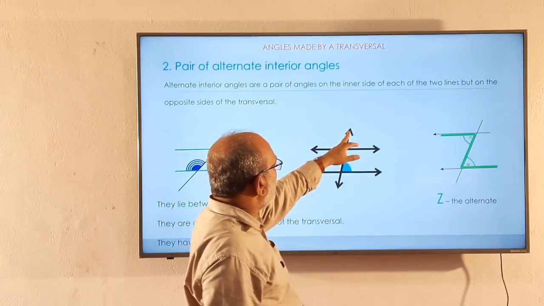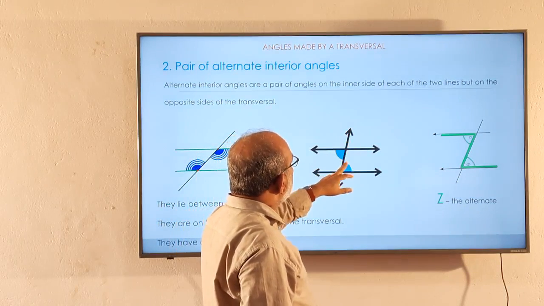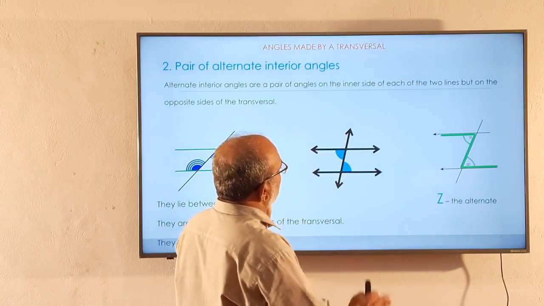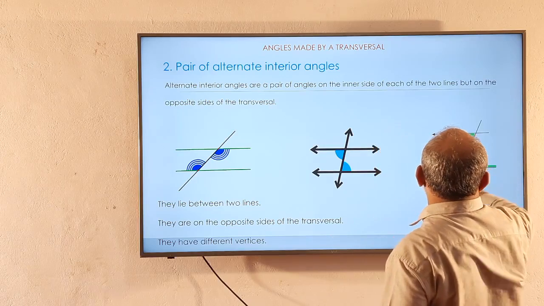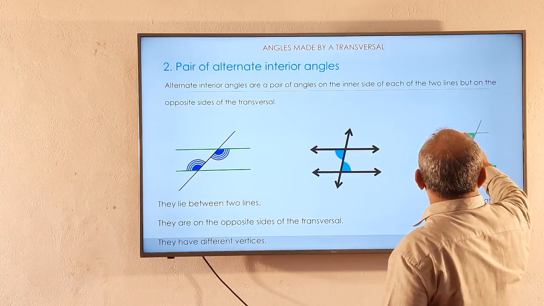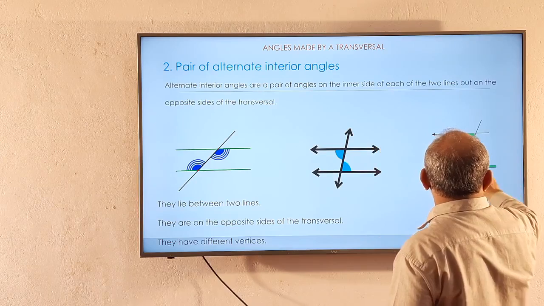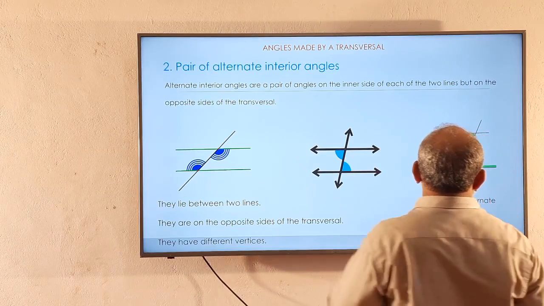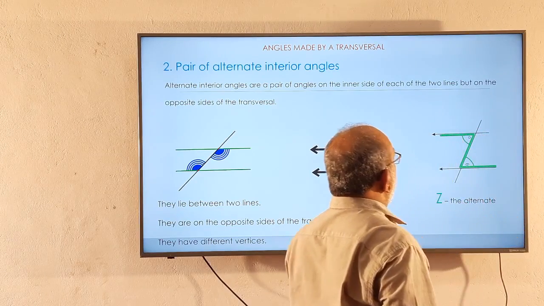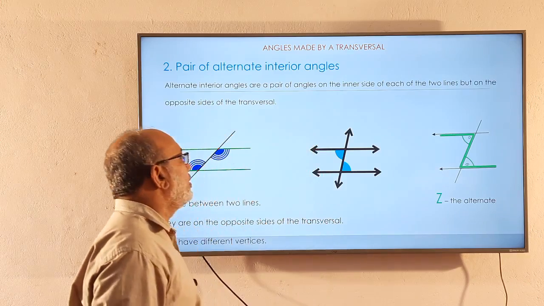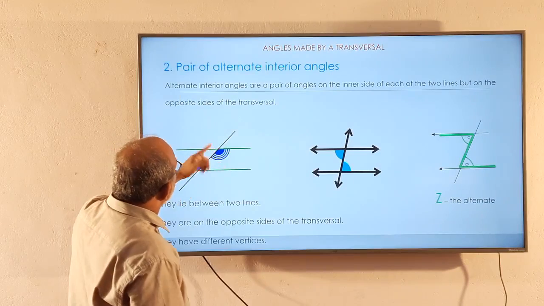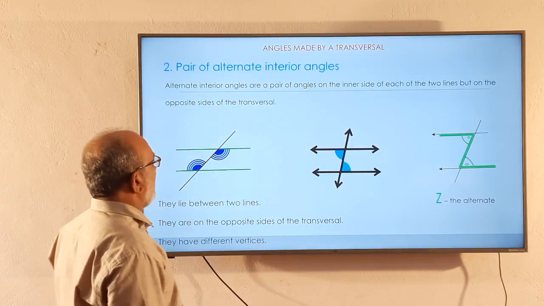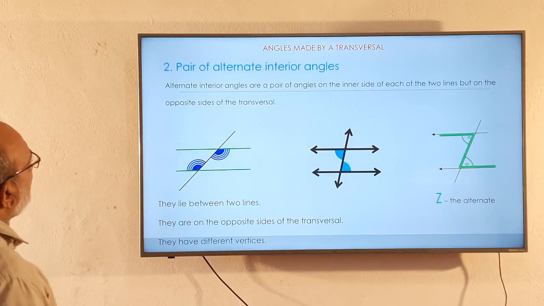Here too, this blue angle and this angle are alternate. To remember, think of the letter Z. One corner here, the other corner here. So you remember Z, the alternate. So they are a pair of alternate interior angles.